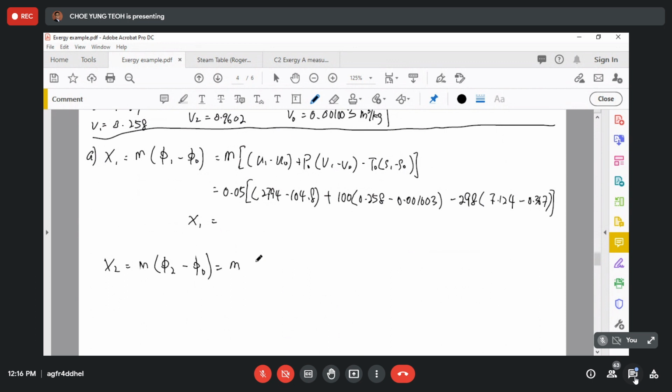So it will become M times U2 minus U0, then V2 minus V0, then S2 minus S0.